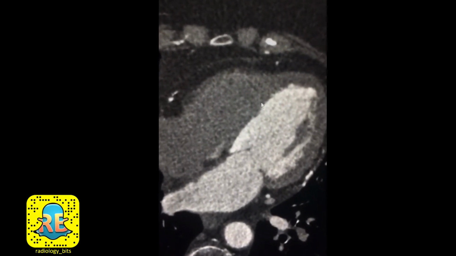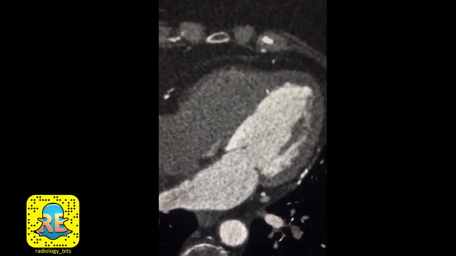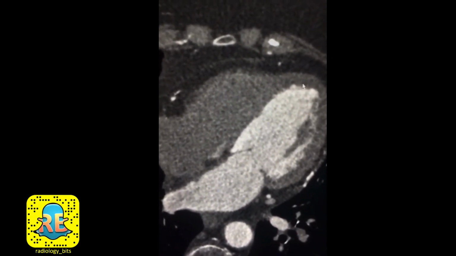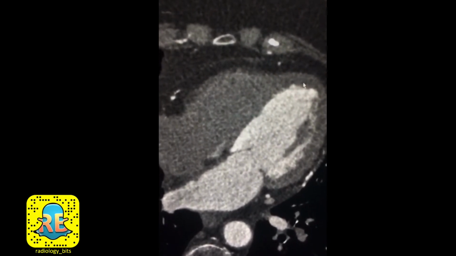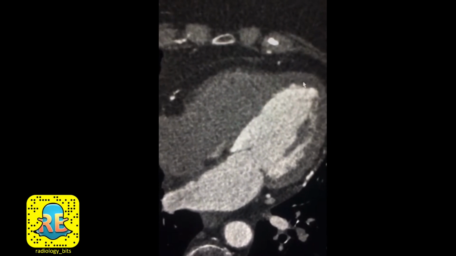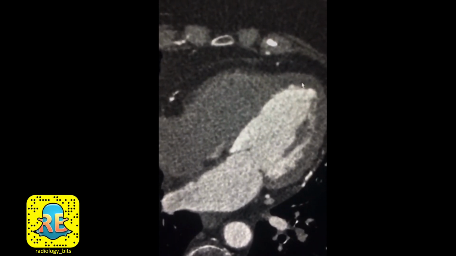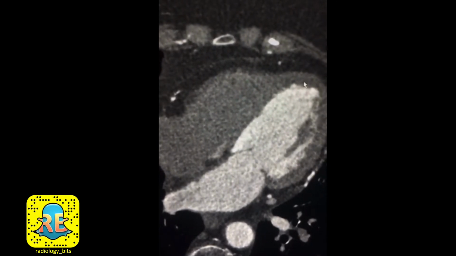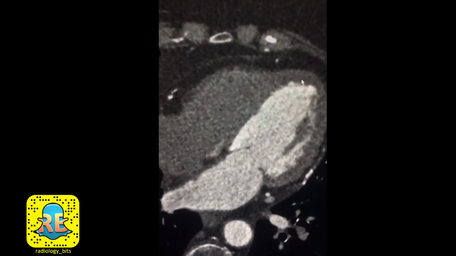Although ARVC has been described in the right ventricle, it has also been described despite its name in the left ventricle, and it's not only the younger population that gets it, you could have elderly patients who have it as well. Now, the most important thing to remember is that ARVC is a clinical diagnosis where the patient could be symptomatic in one or another way.